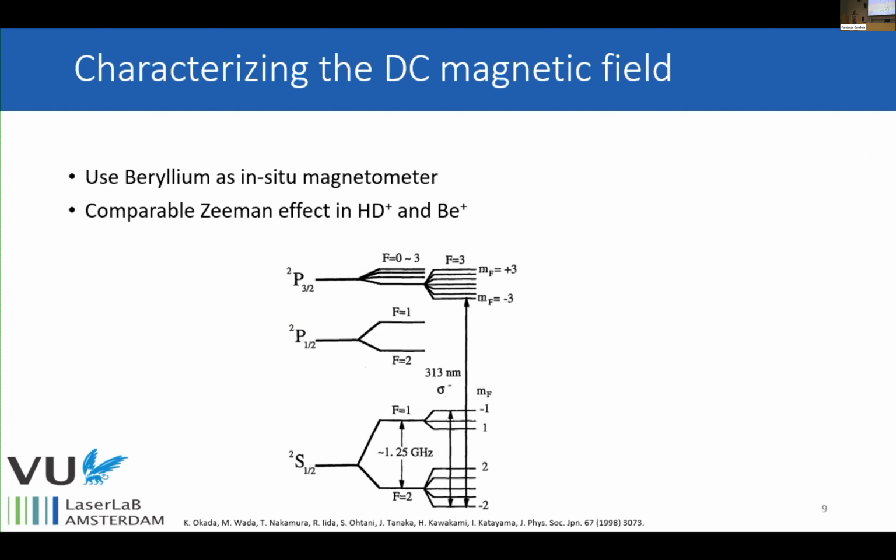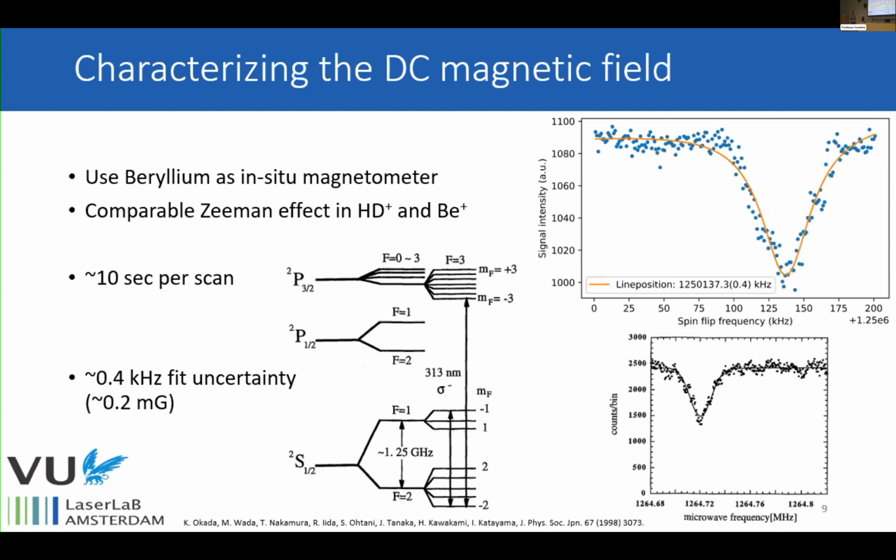This is a very long-lived level. So we can put our beryllium ions in the dark state, so they don't take part in this cycling transition with the laser cooling. And then in the camera, we would see a decrease in the fluorescence. Here we follow the approach of a Japanese group, which presented their work in this paper.